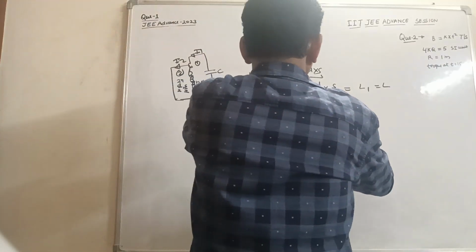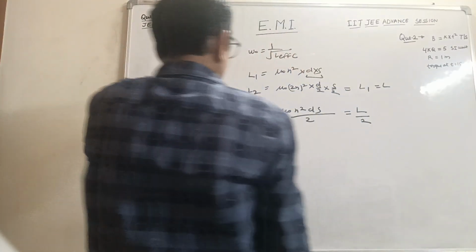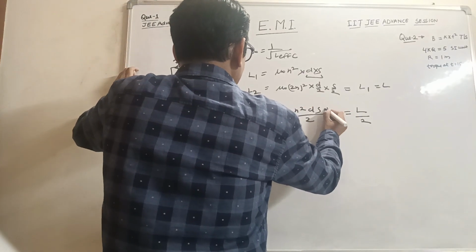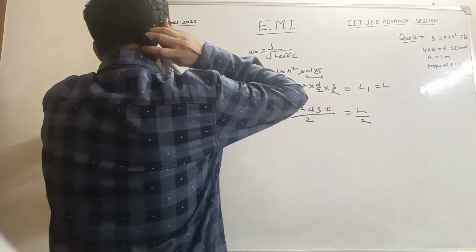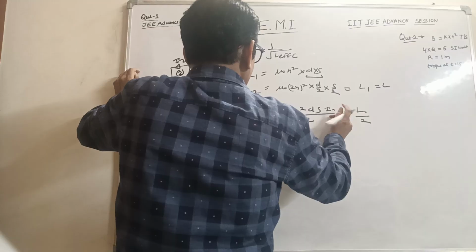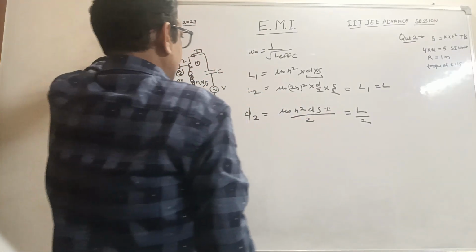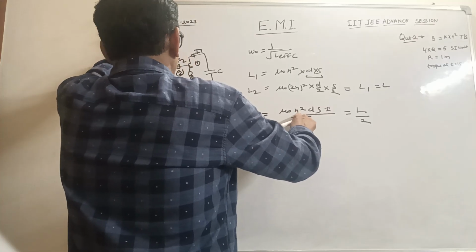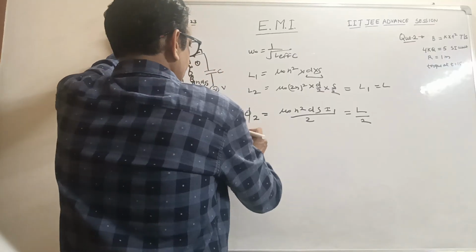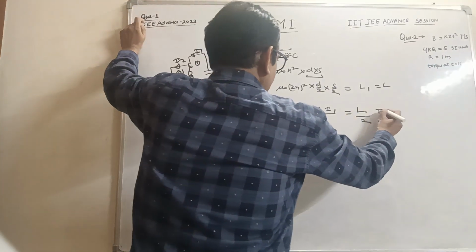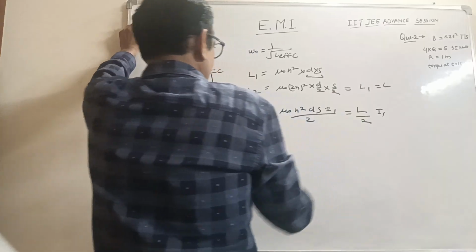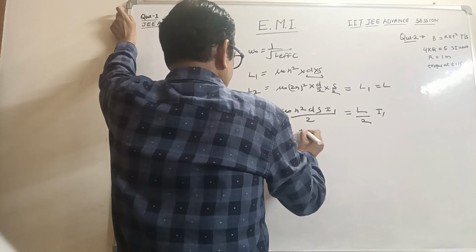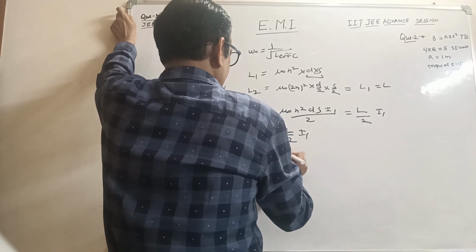So this becomes L by 2. This is not I2, this is I1; we take the magnetic field of the first coil. So this becomes L by 2 times I1. So M becomes L by 2.